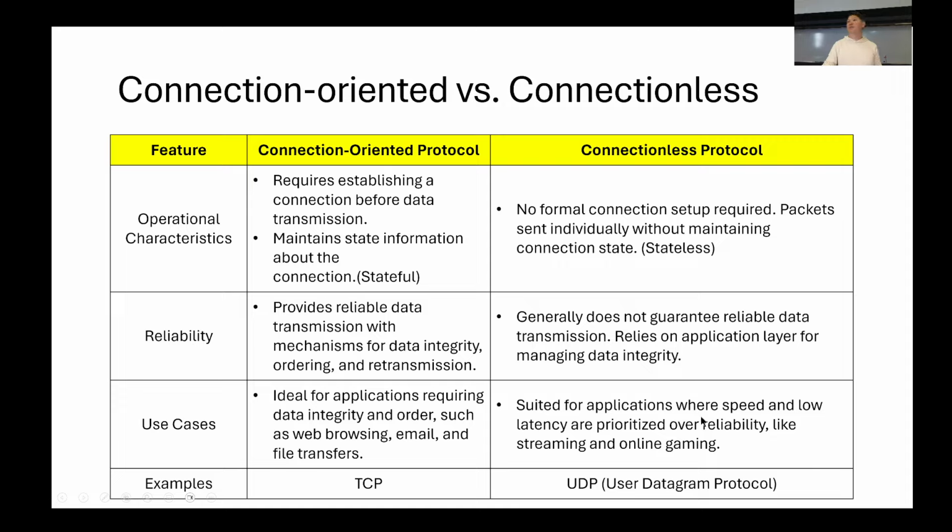So we don't need to retransmit or detect errors. Just send again and again at high speed. That is the purpose of this protocol. We call that a connectionless protocol. UDP, User Datagram Protocol, is a major one. So let's keep in mind the differences between these two terms and protocols, TCP and UDP.